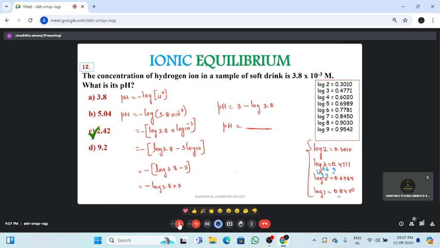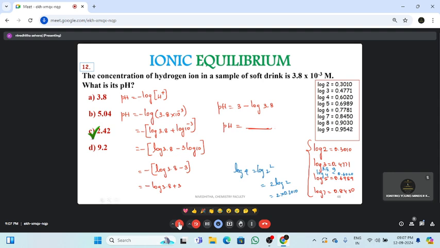What is log 4? Log 4 can be written as log 2 square. So what is log 2 square? I mean 2 log 2. We know the value of log 2 as 0.3010. So without memorizing, we can write the value of log 4 as 0.6020. So randomly we can find the value of log 3.8.